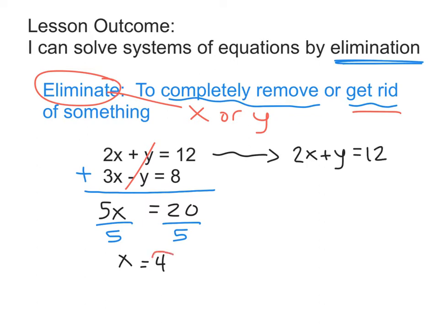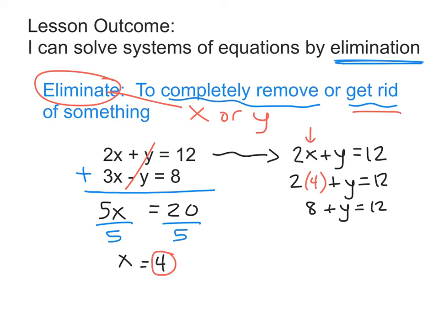Again, I'm going to take this 4 and substitute that in for x. When I do that, I get 2 times 4 plus y equals 12. To solve this, I'm going to first do 2 times 4, which is 8. So we have 8 plus y equals 12.